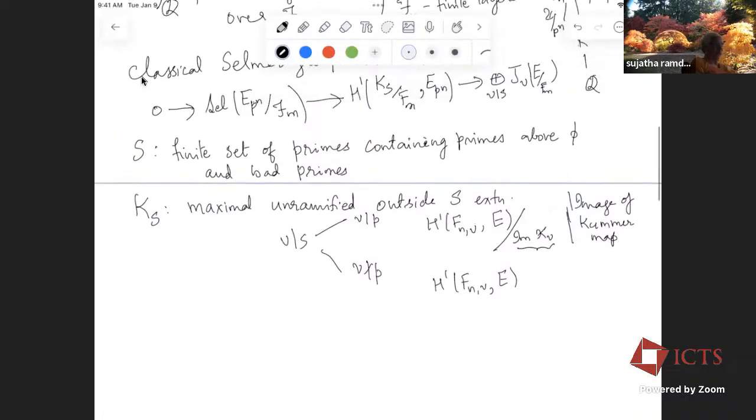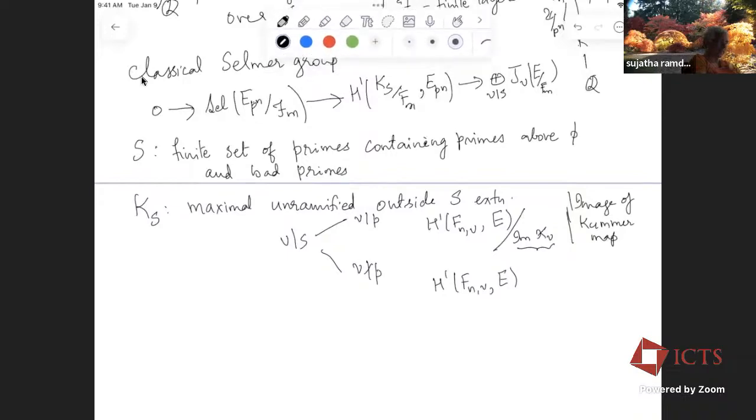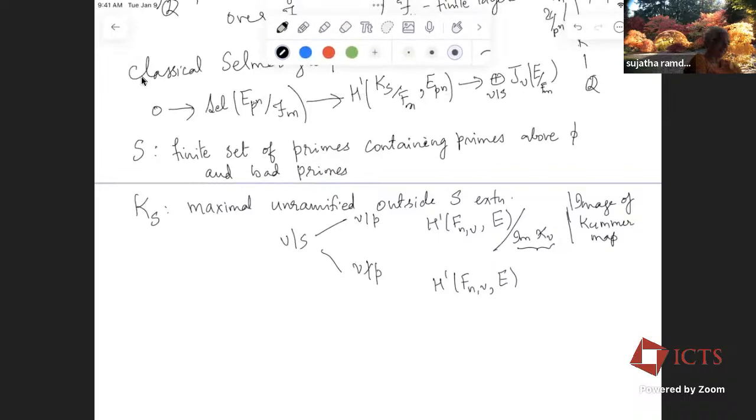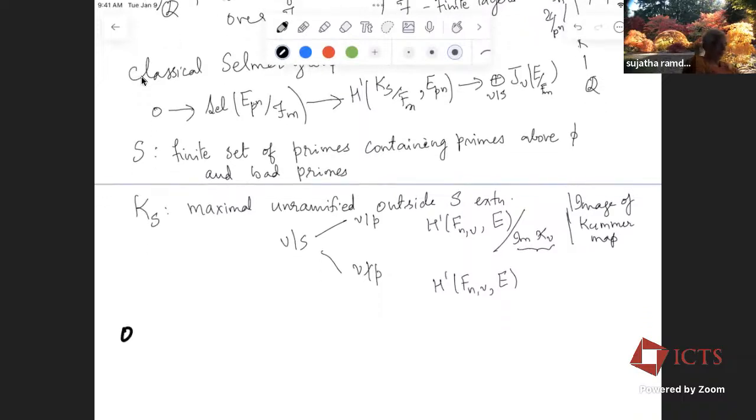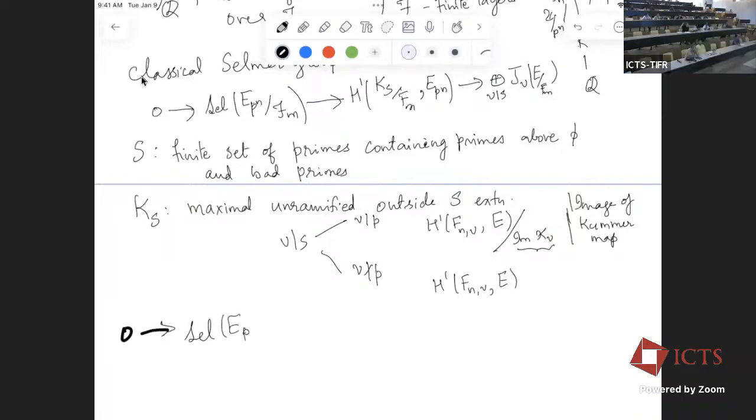And then, of course, you can pass to the limit over this. Does anybody have an idea of how I make this go away? Okay, it's not going away. You can take the direct limit. Can you click that arrow mark?